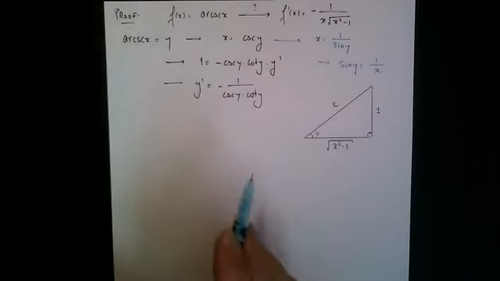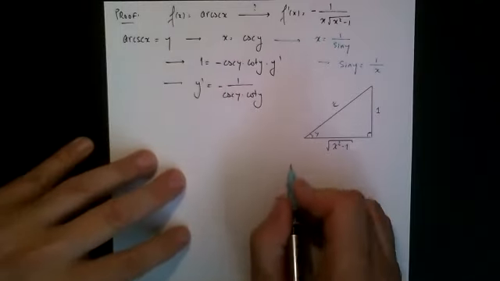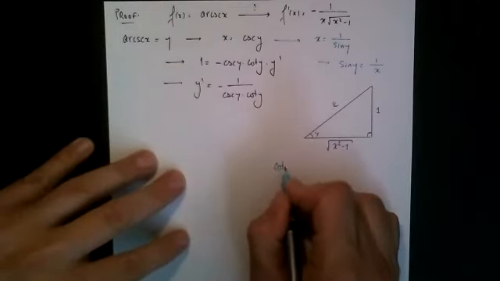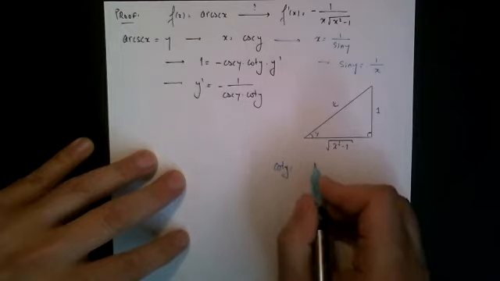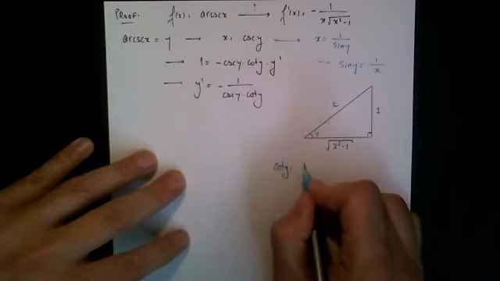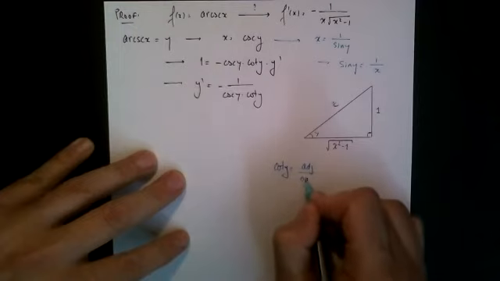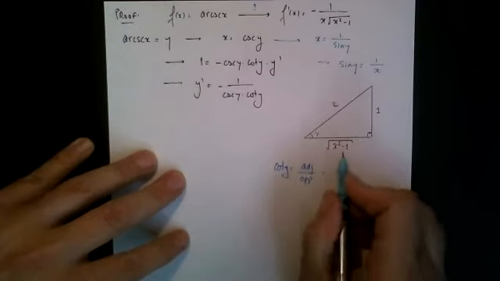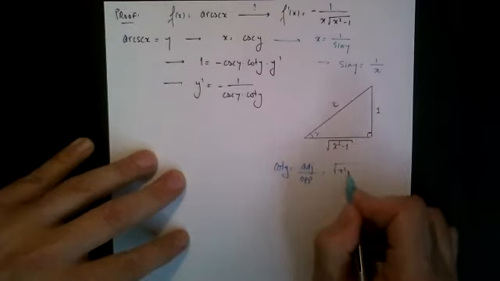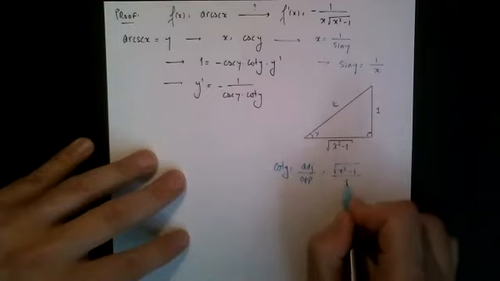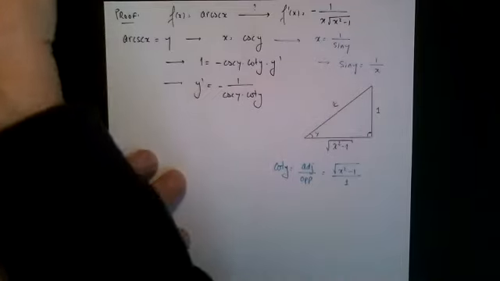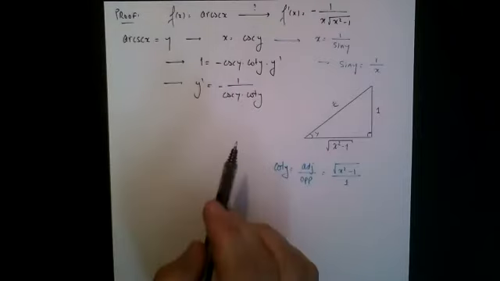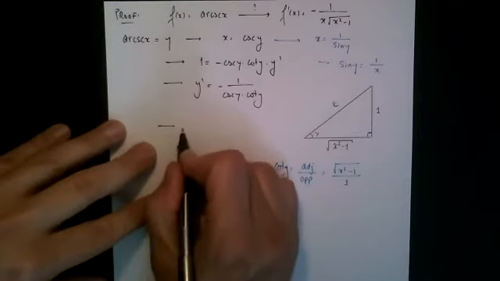Okay, and now I need the cotangent. So the cotangent of y is equal to the adjacent over the opposite. So the adjacent square root of x squared minus 1 over the opposite, which is 1. And then I just replace everything here and I'm done.